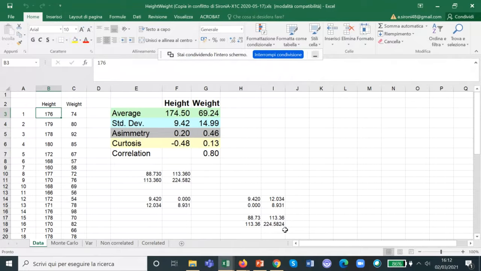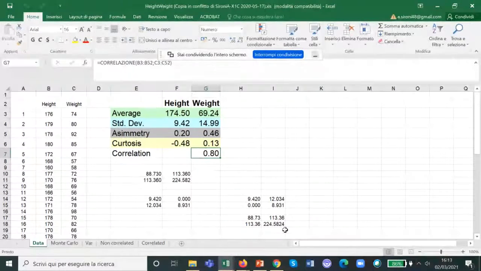Based on these 50 data points, what I did here is compute the average height, which is 174 centimeters, and the average weight, which is 69 kilos. The standard deviation of these two variables, the asymmetry, the kurtosis, and the correlation. As you would expect, the correlation between height and weight is very high, and it's positive, equal to 0.8, okay?